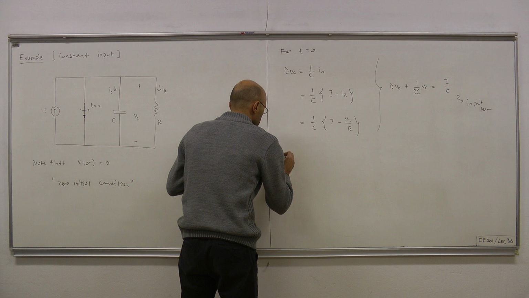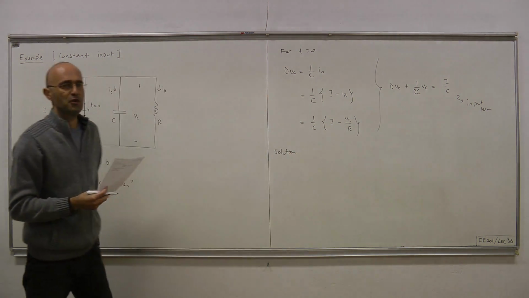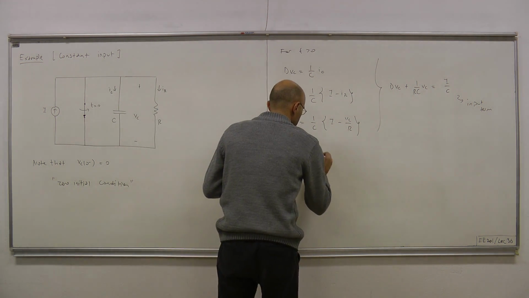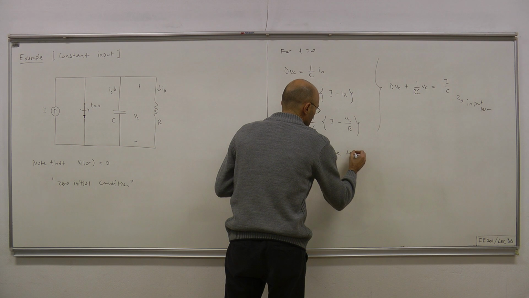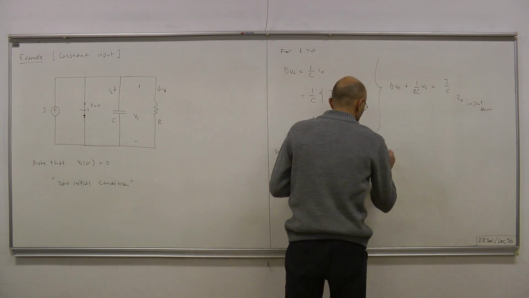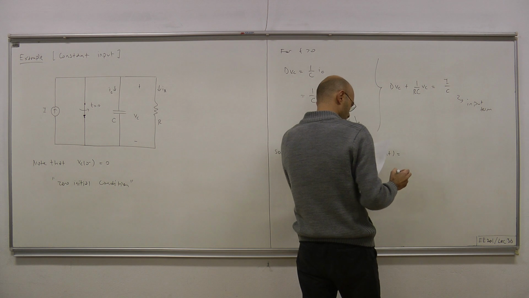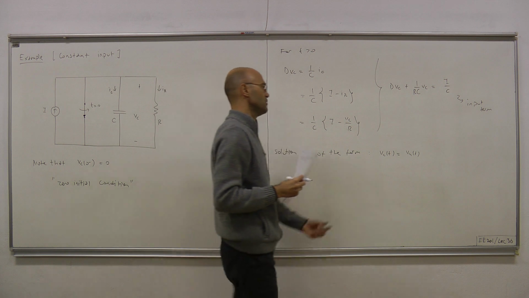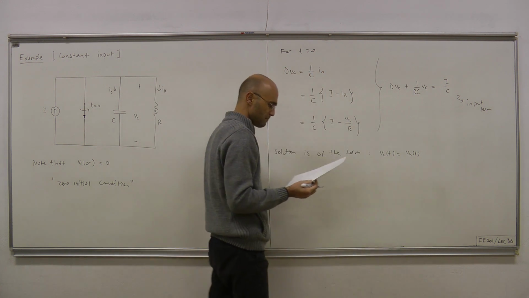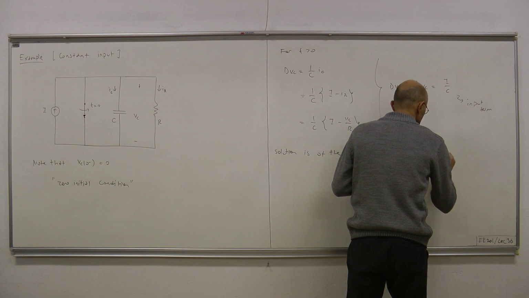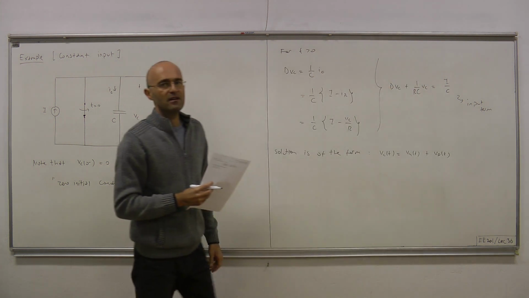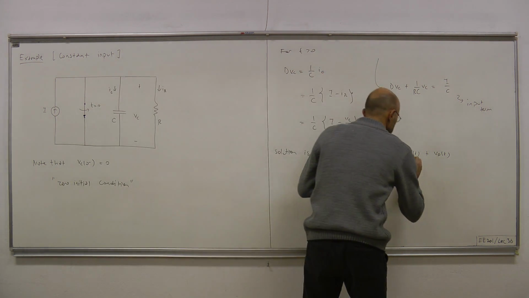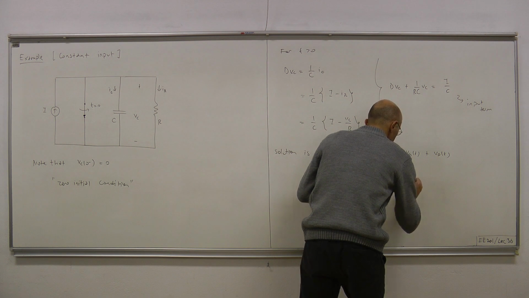Now, this is how we approach it when we have a non-zero right-hand side, when we have an input. The solution is of the form VC(t) equals VH(t), which we call the homogeneous part of the solution, plus VP(t), which we call the particular part of the solution, the particular solution.